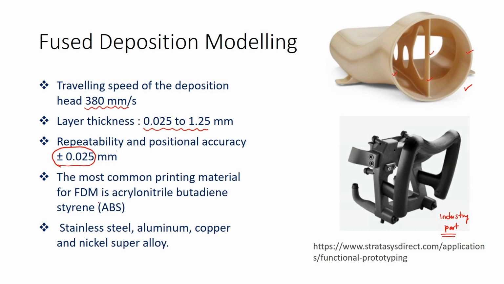The most common printing material used in FDM is ABS, that is acrylonitrile butadiene styrene. But my friends, we can also use stainless steel, aluminum, copper or nickel superalloys to generate the 3D models using the FDM methodology.